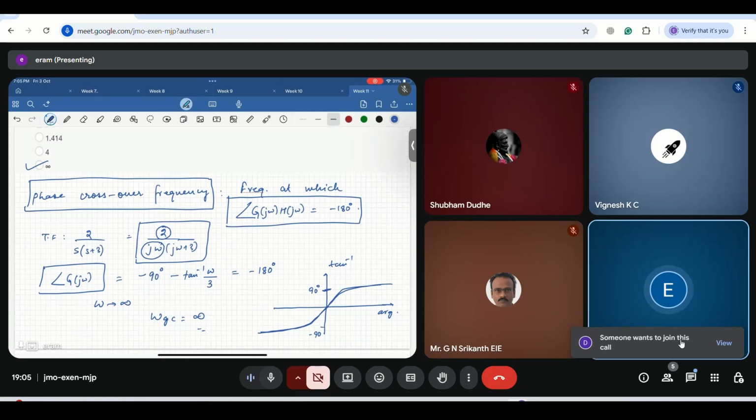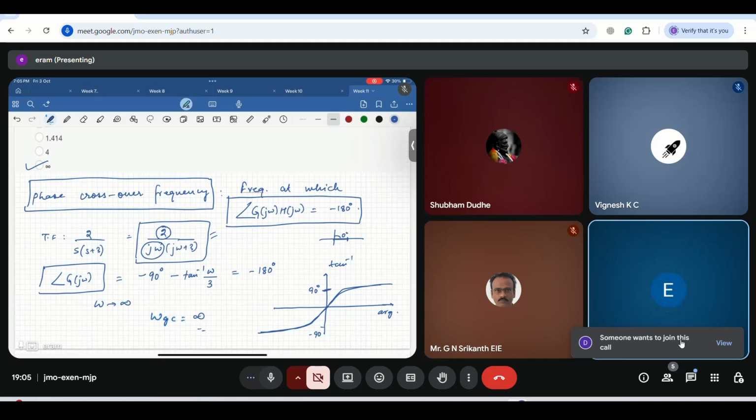So how can we write the phase of this transfer function? In many questions we have done, the phase of the numerator is taken as positive and the phase of the denominator is taken as negative. That you all know. Then in the numerator we have just a constant 2, and a constant of 2 means 0 degrees.